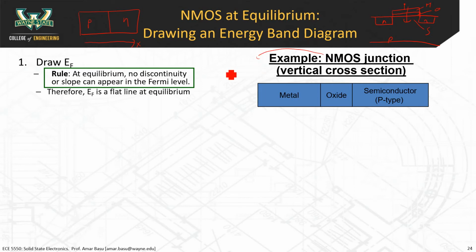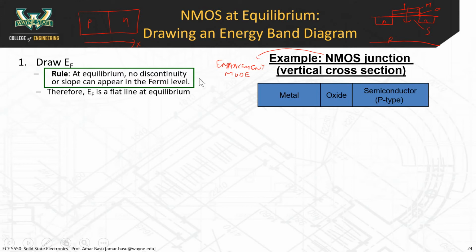Just so we're totally clear, enhancement mode device at equilibrium. So the device is going to be off. We know that already. So what we're going to do is draw the band diagram for it.